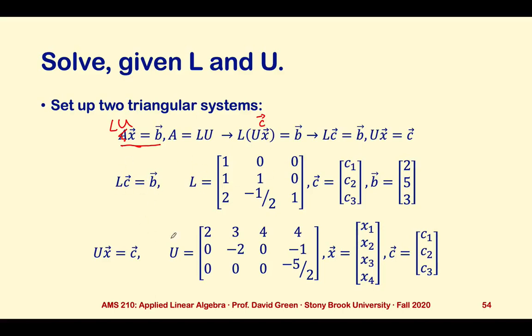Given two systems then, LC equals B, where we have our L matrix, a given B, and an unknown C, this problem can be solved for C. Then UX equals C, our U matrix, our unknown vector X. Initially, we have an unknown vector C, but after solving the first system, we can substitute the numbers that we get for C here, and then solve for X. A two-step process, first solving the lower triangular system, and then the upper triangular system.